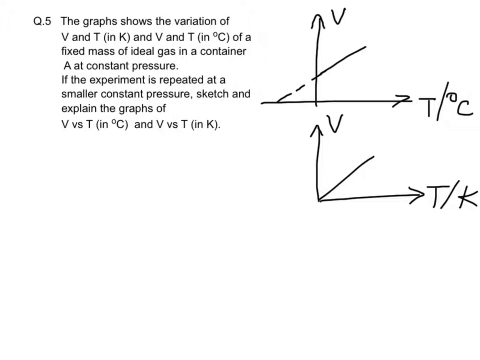Now study question number 5. By the equation of state, PV equal to nRT, temperature T in Kelvin scale.